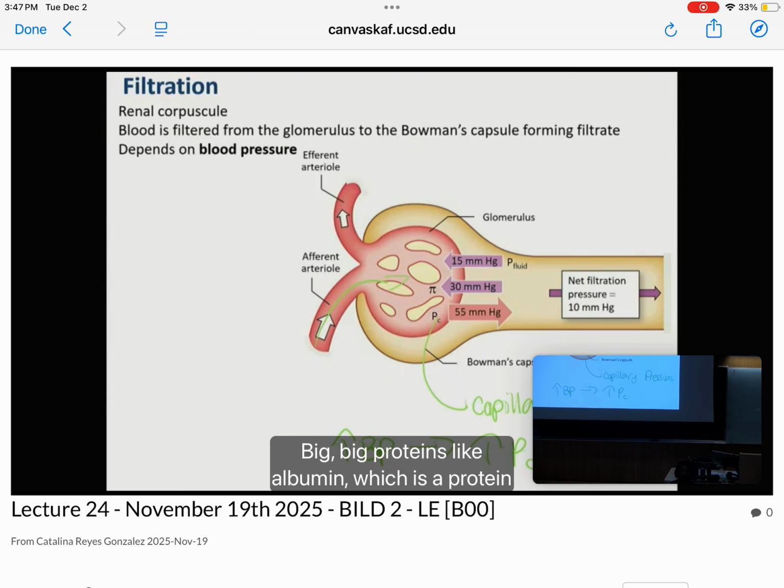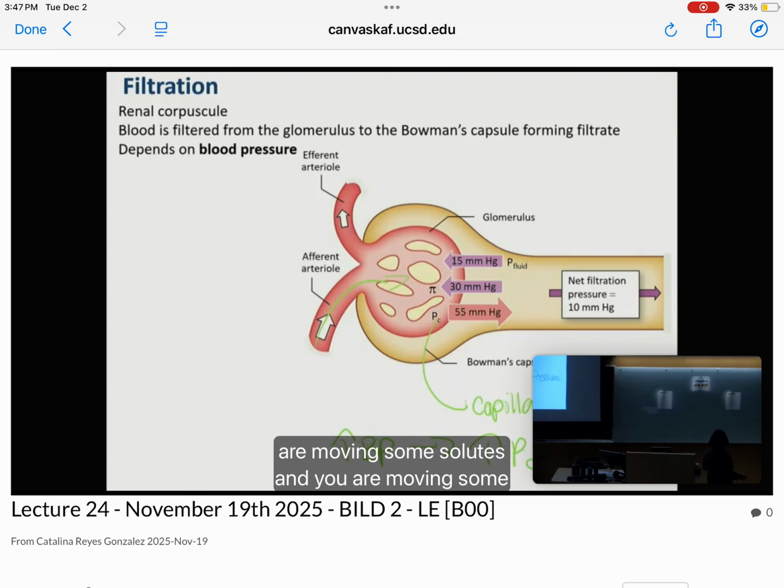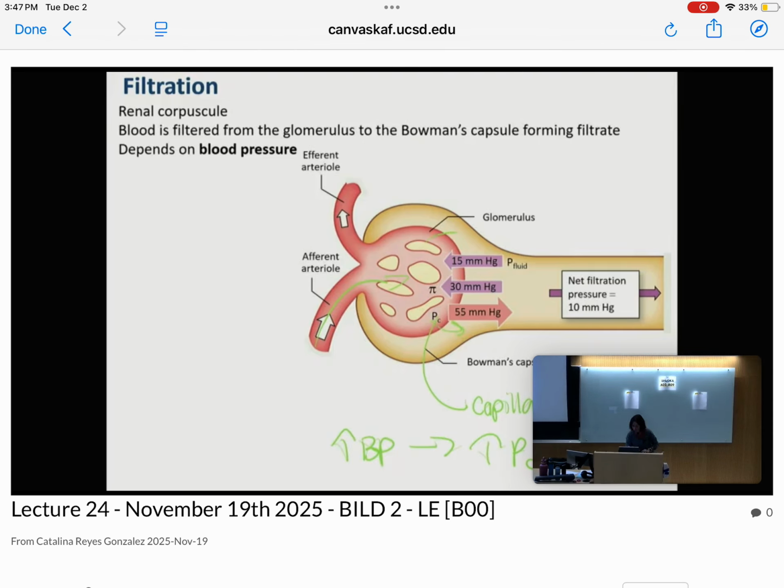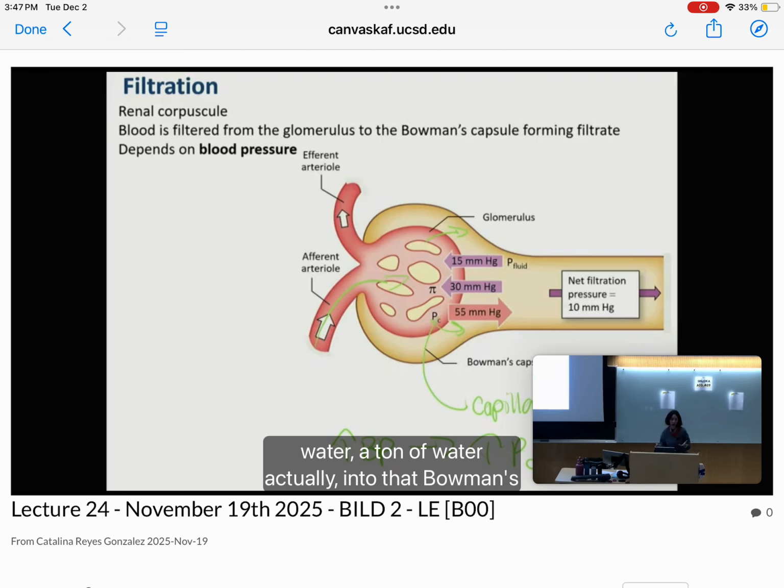Big proteins like albumin, a protein in the blood, cannot cross. So you are moving some solutes, and a ton of water actually, into that Bowman's capsule. But the big blood proteins like albumin and the red blood cells cannot cross because they're too big for those holes in that garden hose, in that glomerular capillary.